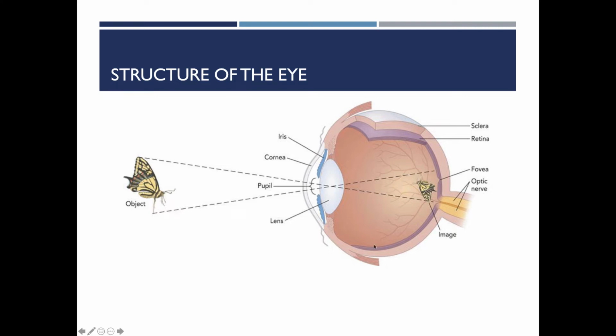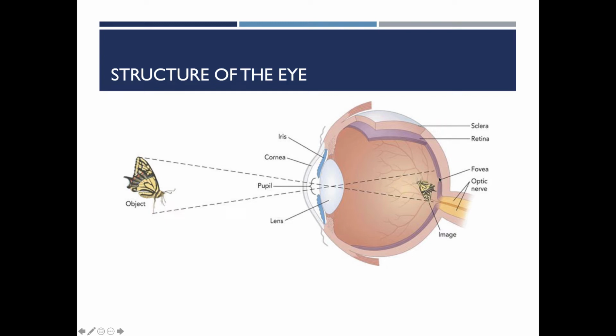So information travels to the back of the eye where you have all of your photoreceptors. And the back of the eye here is called the retina. And in the retina is where you have cells that will transduce the light energy into a neural code that your brain can make sense of. So the transducers are in the back of the eye. Now, we will mention this fovea area.